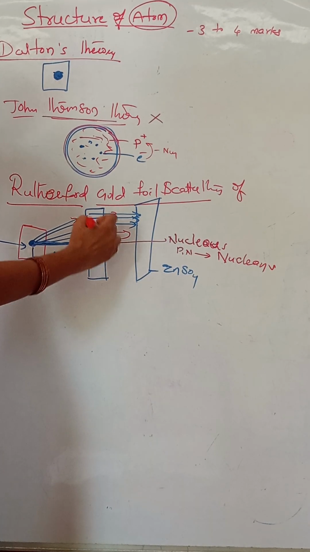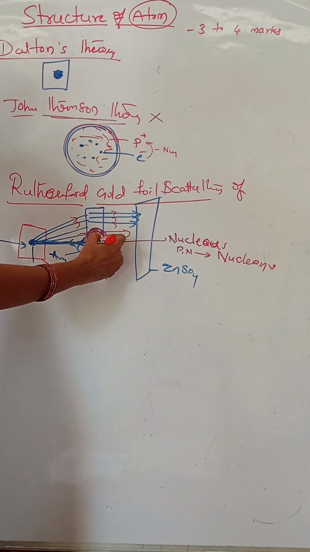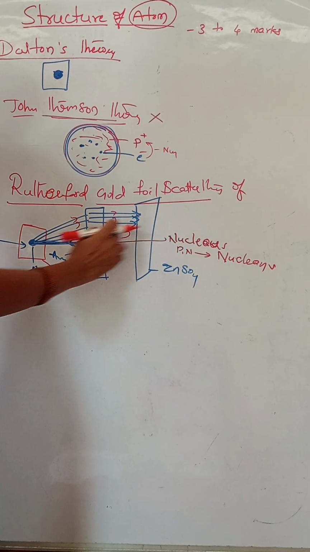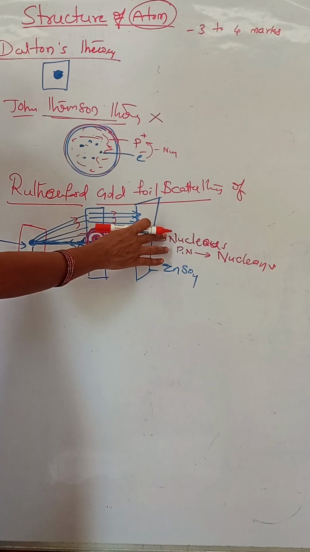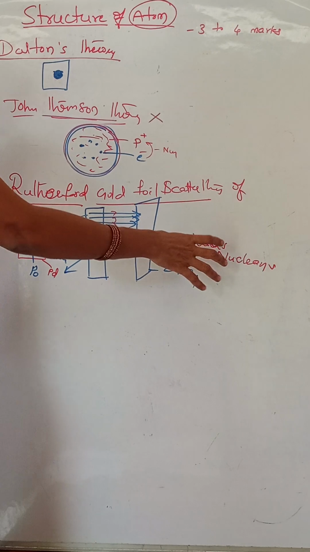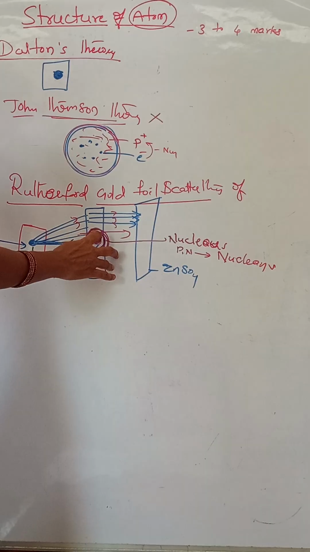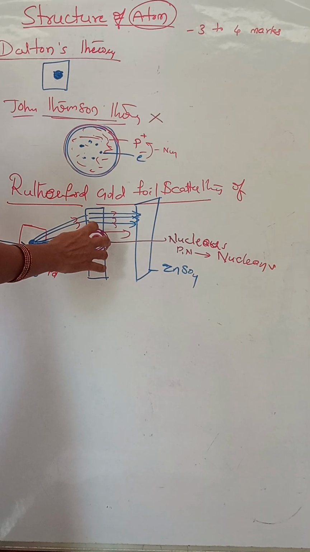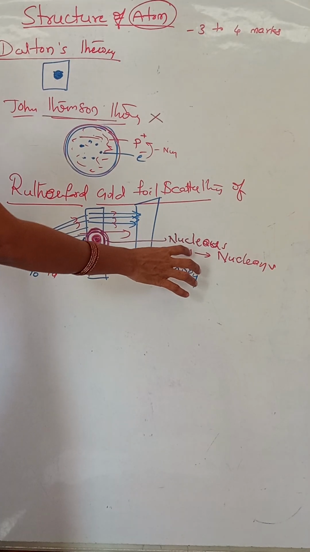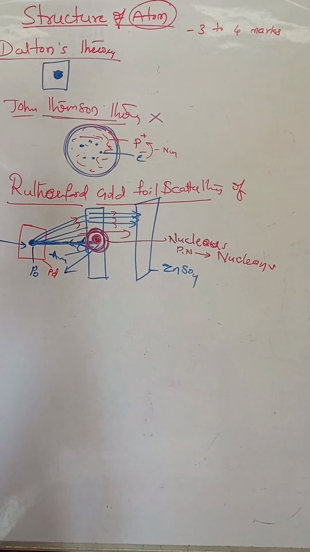The protons and neutrons present in the center of the atom are called nucleons.